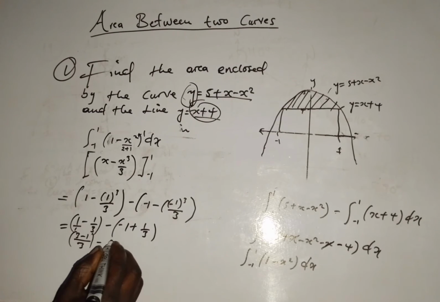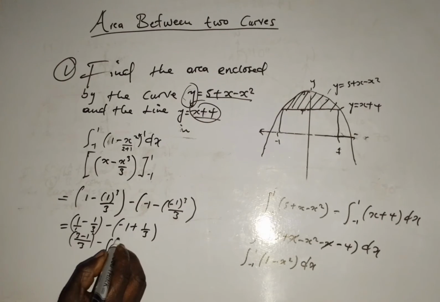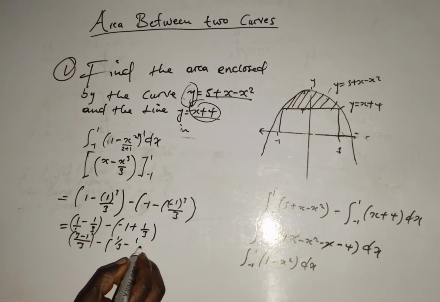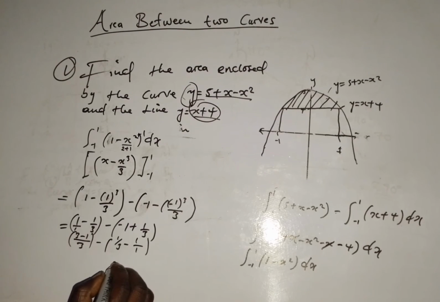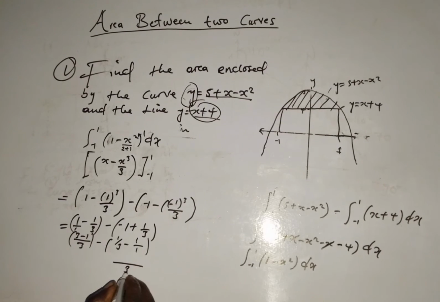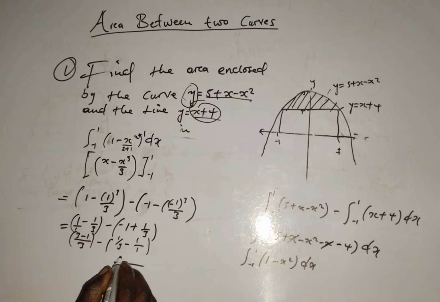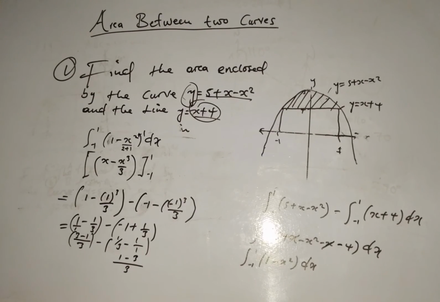Here you're going to have minus open bracket, then 1 over 3 minus 1 over 1, then close bracket. You look for a common denominator, which is 3 also, then 1 times 1 is 1, minus 1 times 3, which is 3.